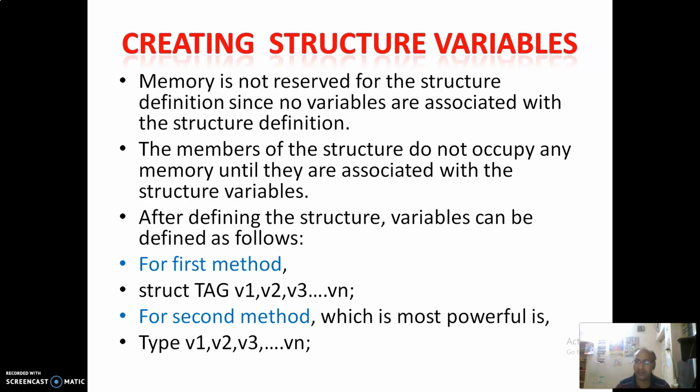For the first method: struct tag v1, v2, v3 and so on. We can use the different variables, v1, v2, v3. Or otherwise, second method: type v1, v2, v3 and so on.